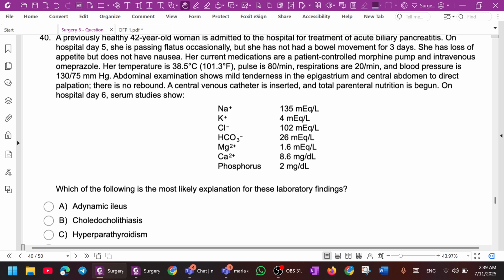On hospital day 6, sodium 135, potassium 4, chloride 102, magnesium 1.6, calcium 8.6, phosphorus 2, bicarbonate 26. Which of the following is the most likely explanation for this lab finding?